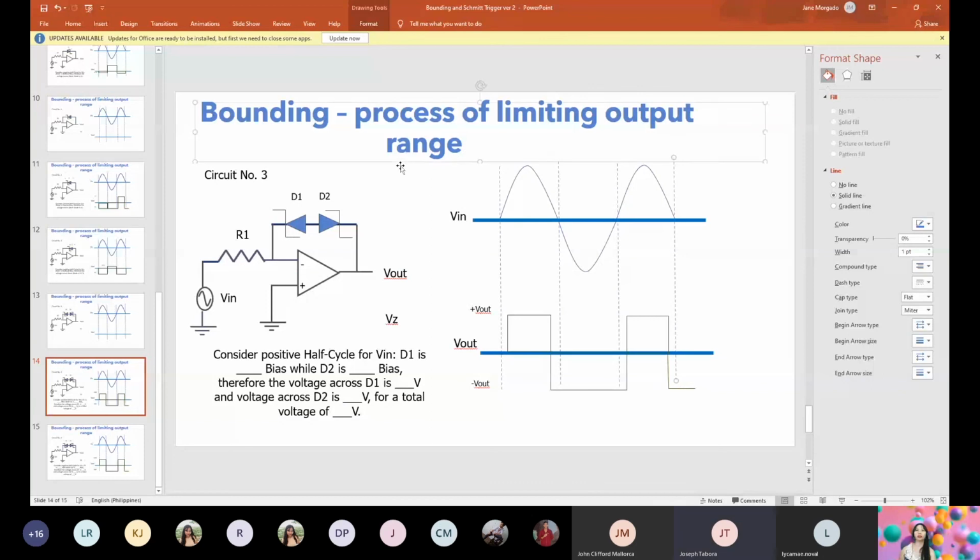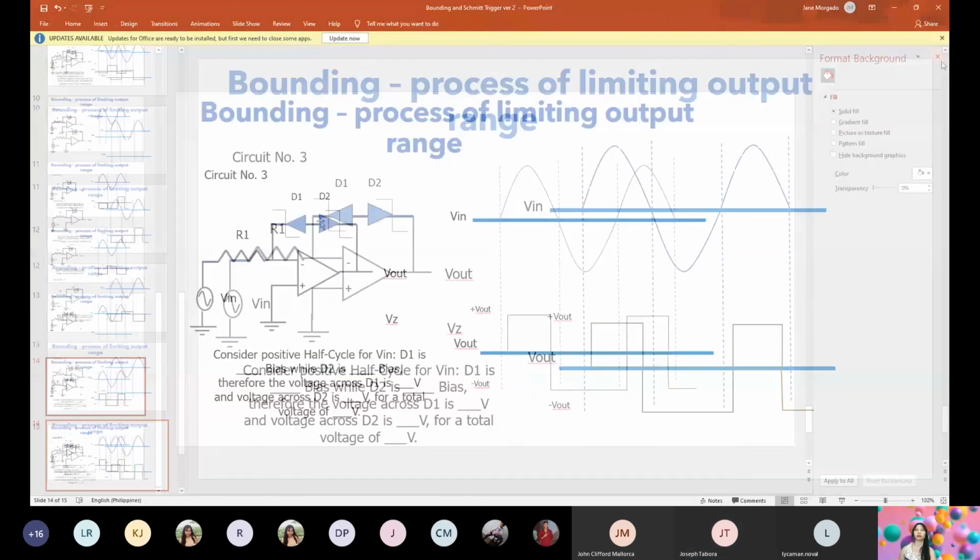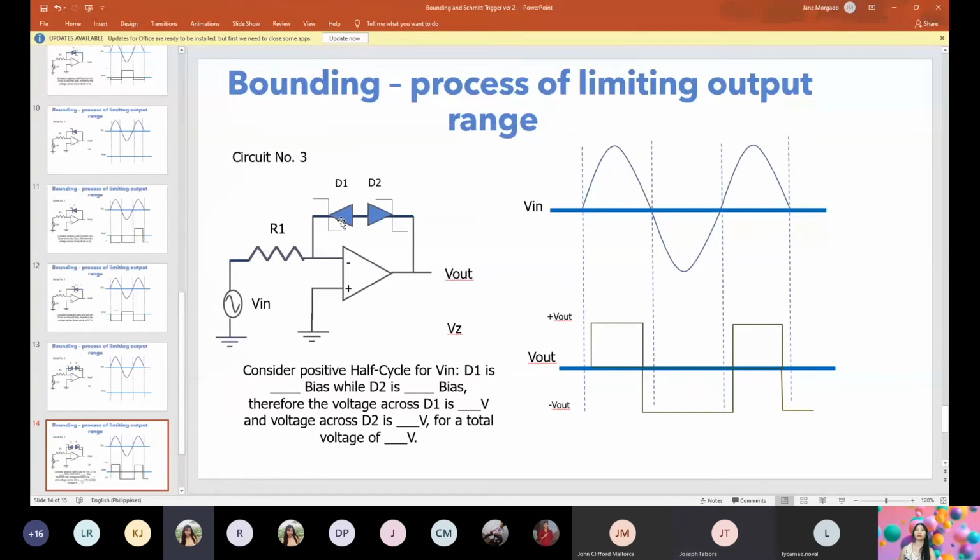If you have a positive half cycle, what is D1? Reverse. D1 is reverse bias, while D2 is forward.